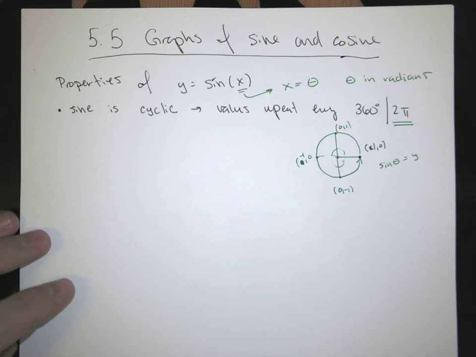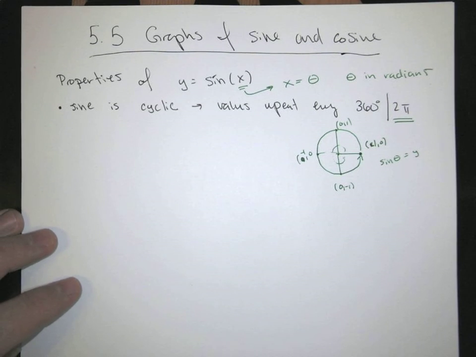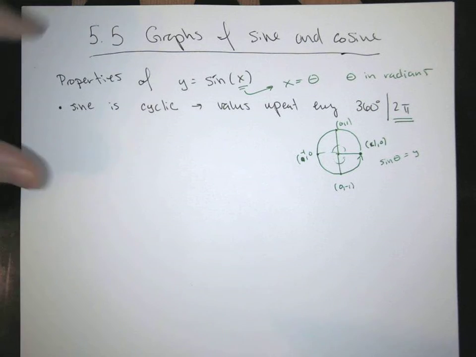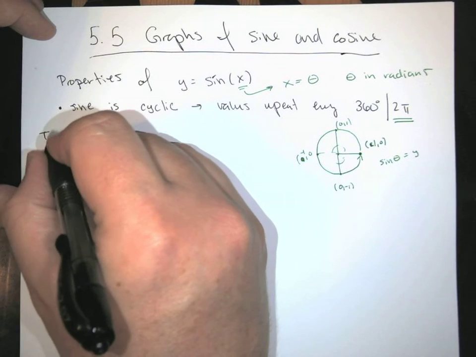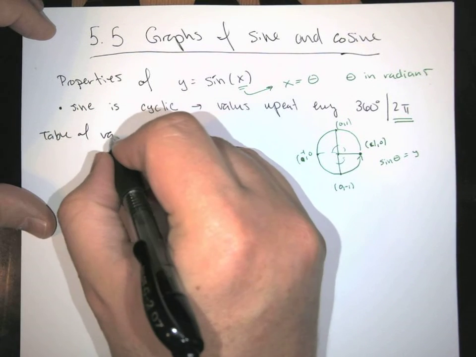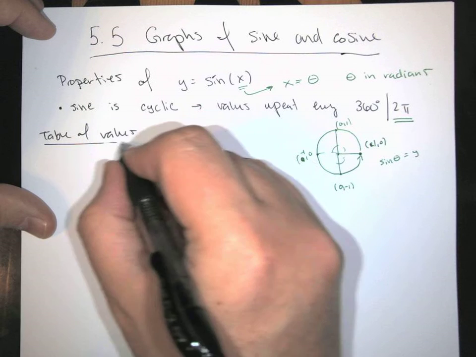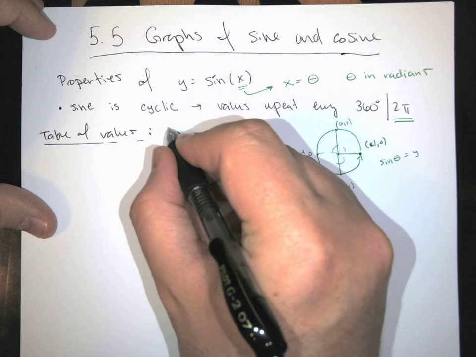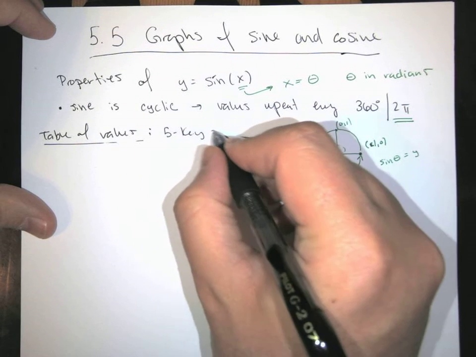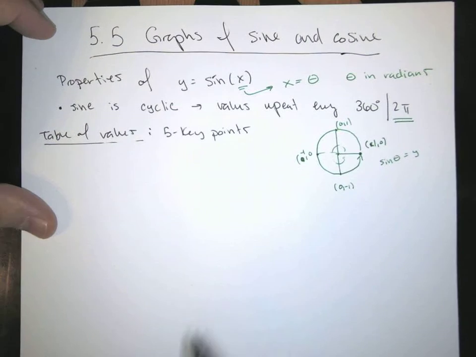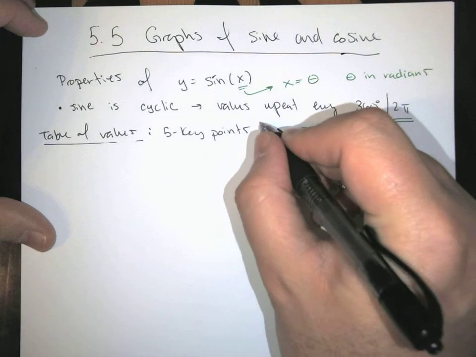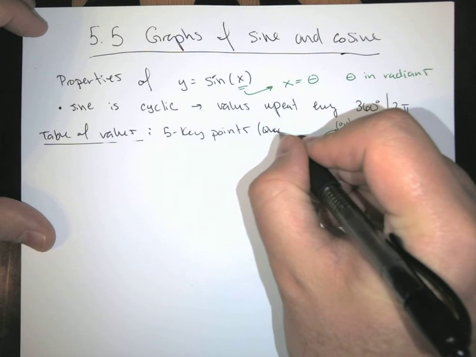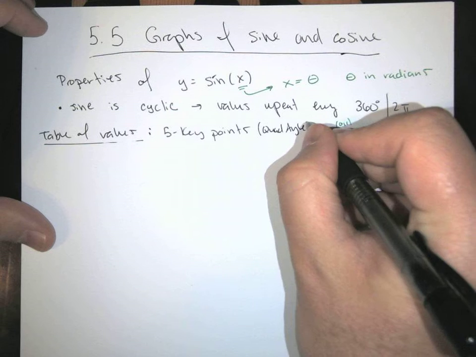This is one of our key pieces of information. We can make a little table of values, and what we'll do is base it on 5 key points, and those are essentially going to be our quadrant angles.